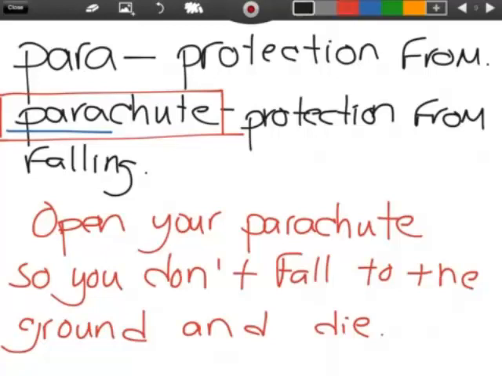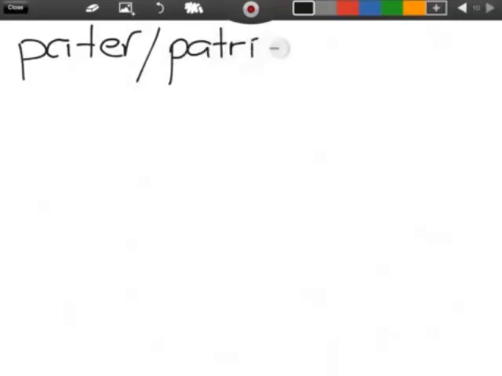On to our next root, which is pat or patri, meaning father. I'm going to give you two examples.